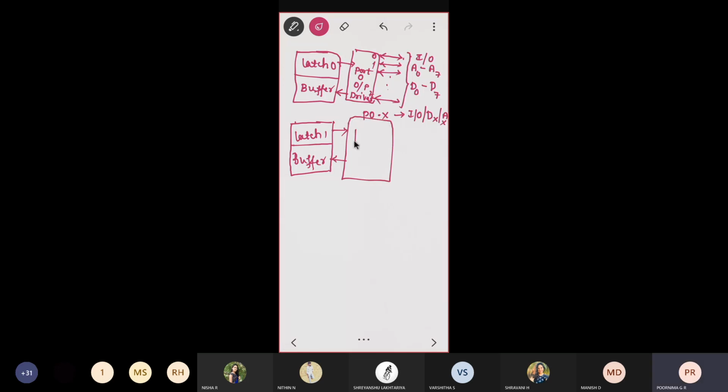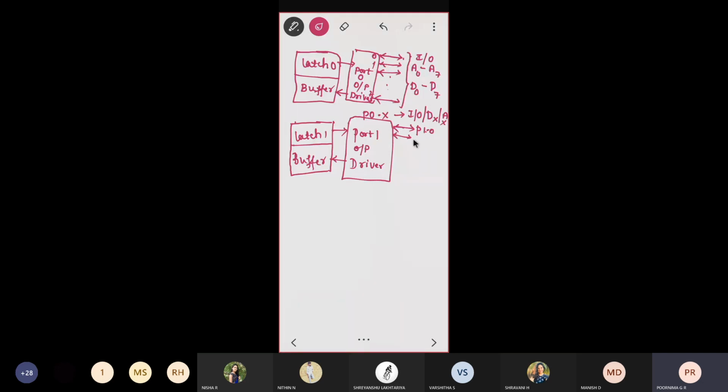If you look at this port 1 output driver, through the port 1 output driver, the driver is able to give an output of port 1.0, next pin port 1.1, etc. up to port 1.7.